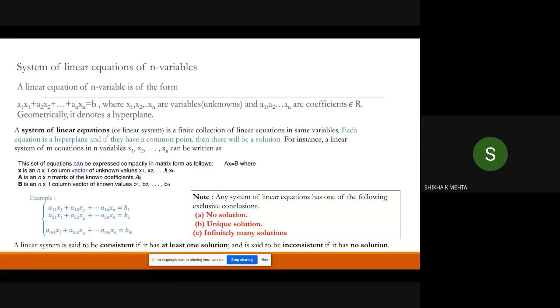Now when we define linear equations using n variables, they are of the form a1x1 plus a2x2 up to anxn is equal to b, where x1, x2 are the unknown variables and a1, a2 are the coefficients of these variables, and geometrically we denote them as a hyperplane. When we have multiple linear equations, we call them a system of linear equations. What is a system of linear equations?